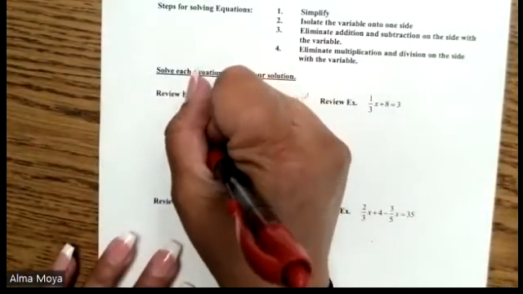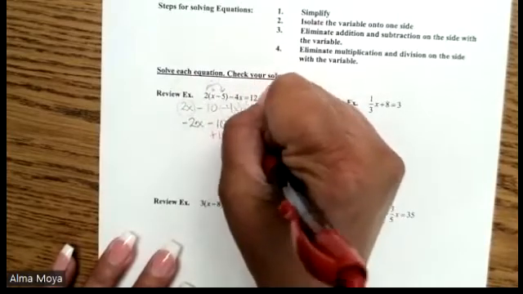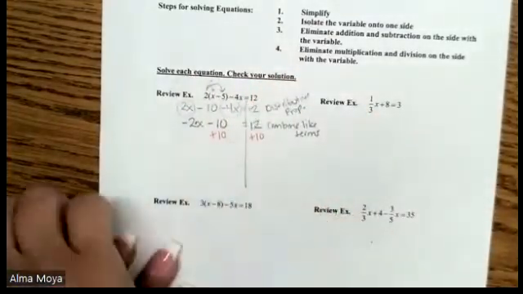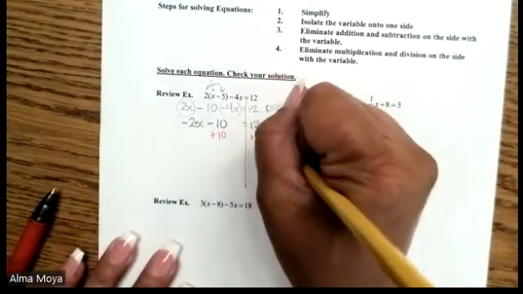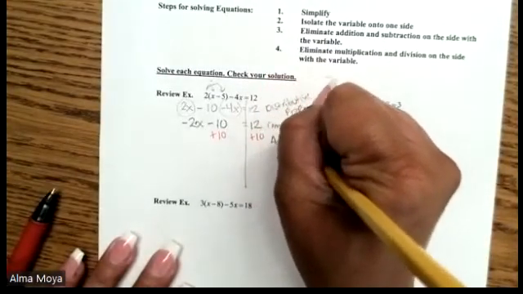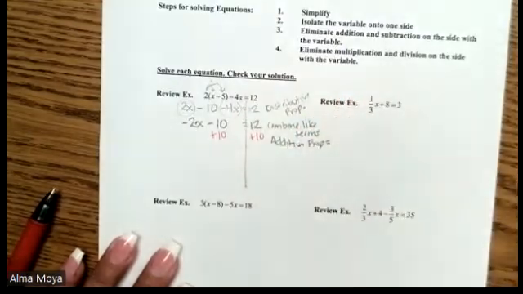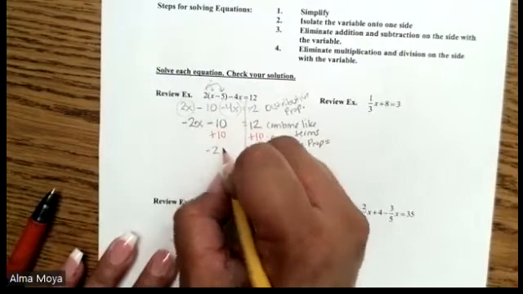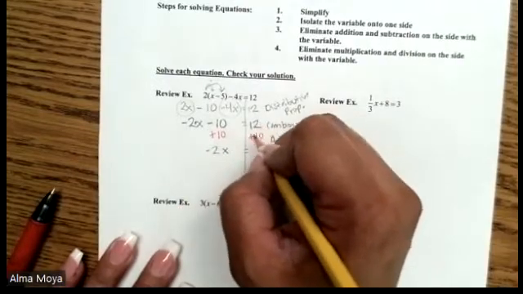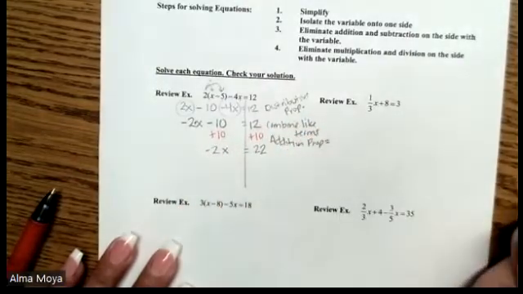So I'm going to add 10 to both sides. So add 10, add 10. Whatever you do to one side, you're going to do to the other. That is called the addition property of equality. So then these cancel out, and now I'm left with a negative 2x equals 12 plus 10, which is going to be 22.